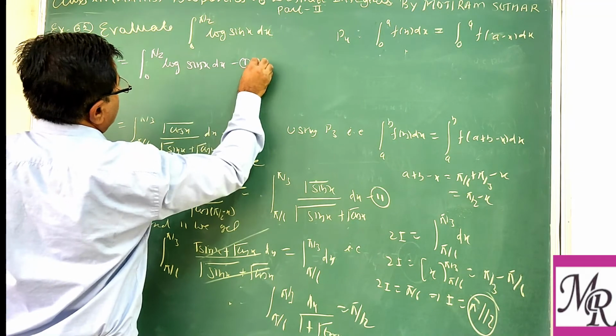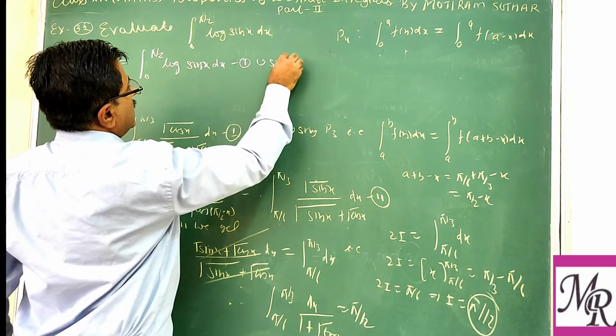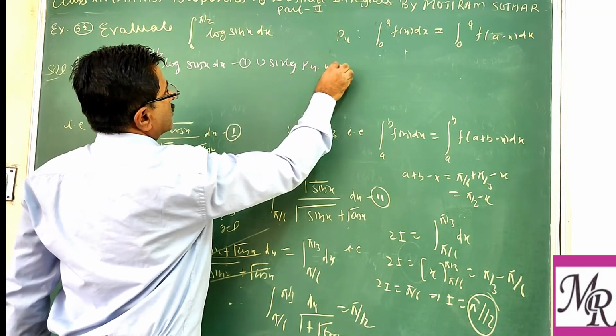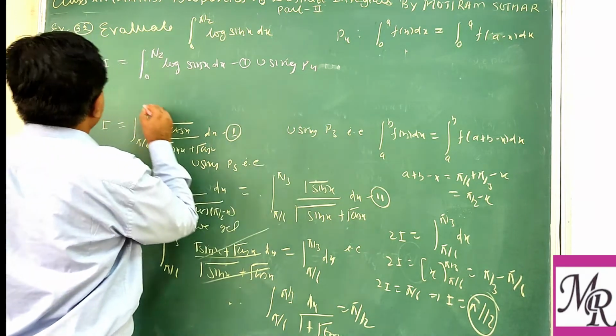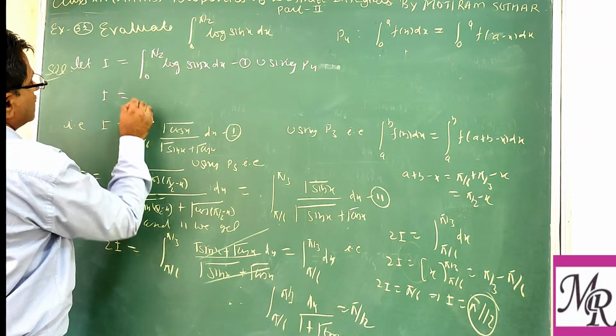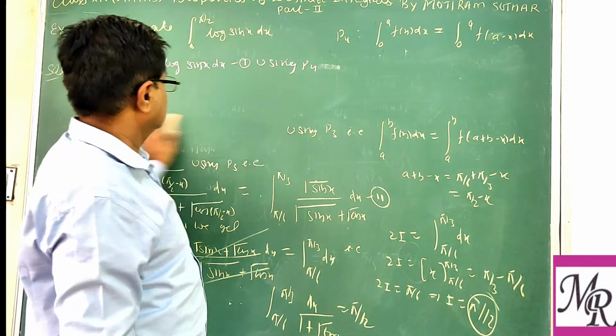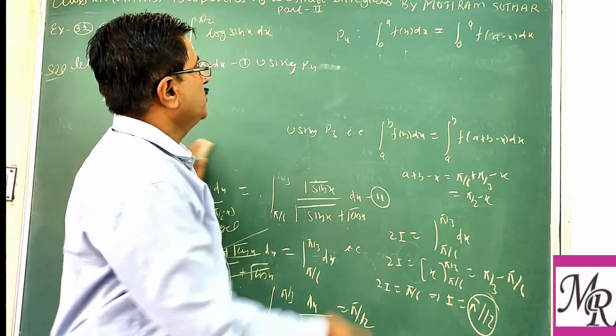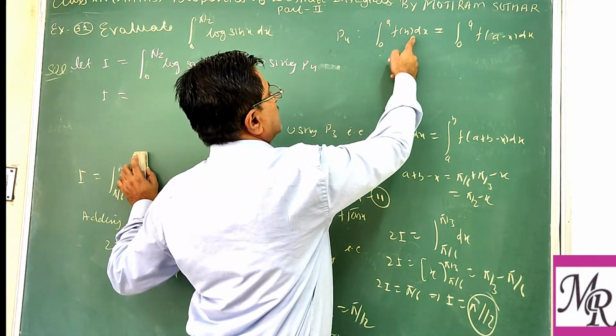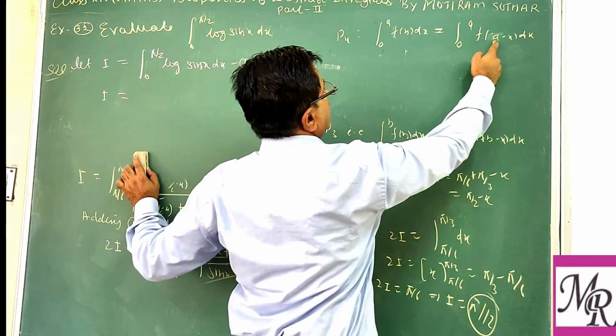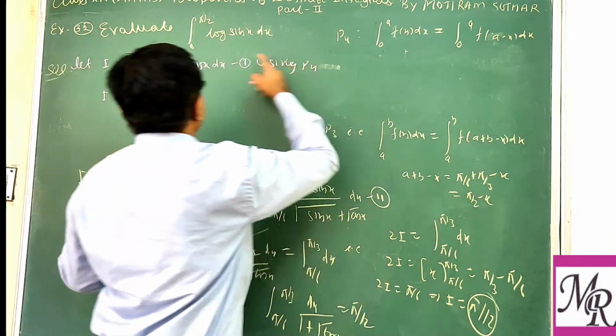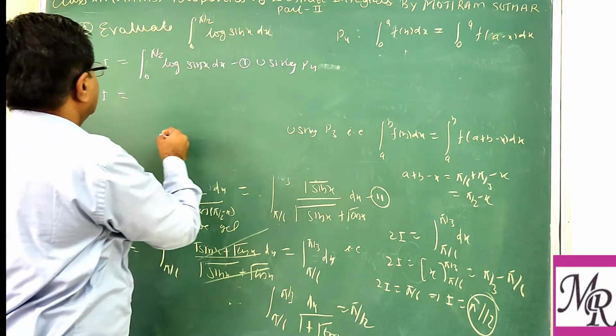This is equation number 1. Then using P4, we get I equals, so P4 was integral from 0 to a of f(x). Now f(x) can be replaced by f(a minus x). Here a is pi by 2.